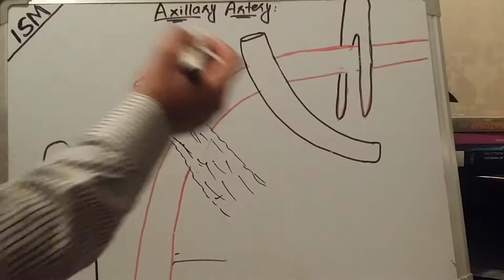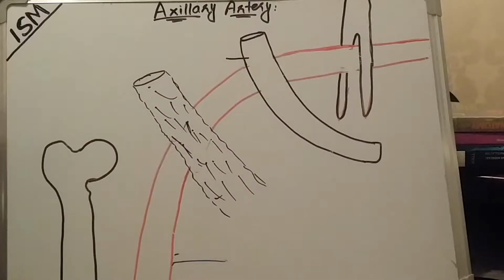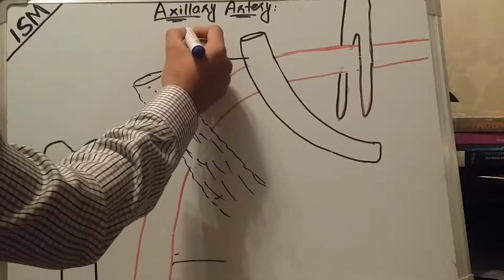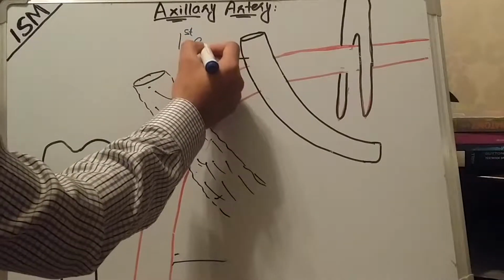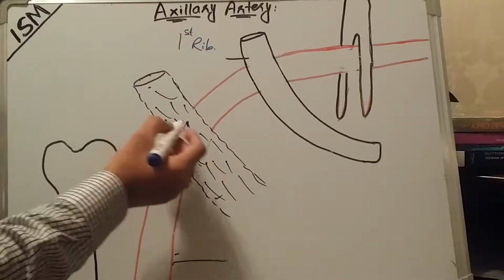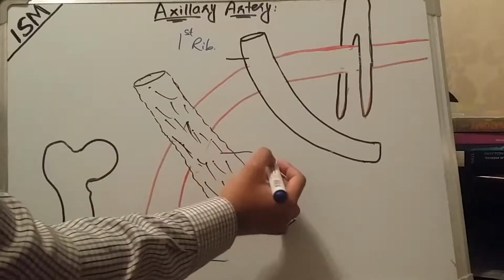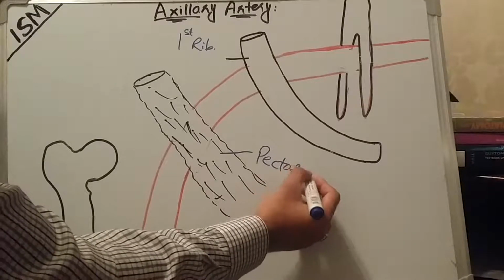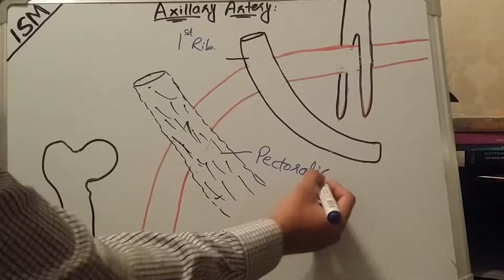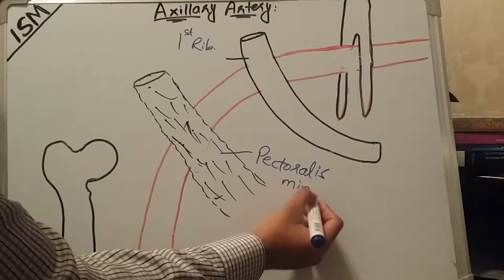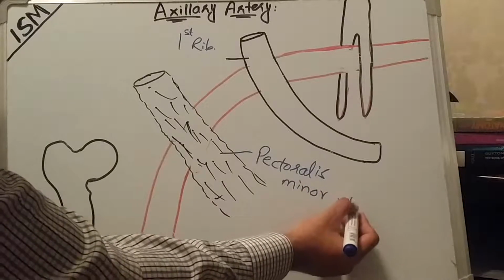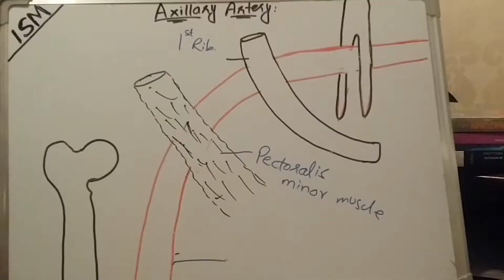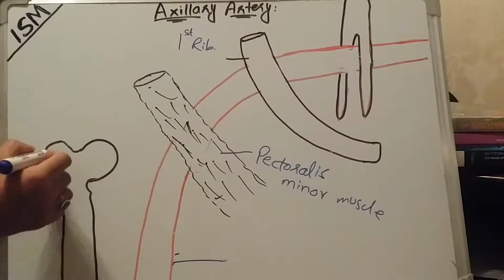For this purpose, this is the first rib. This is the pectoralis minor muscle, and these are in the humerus bone.